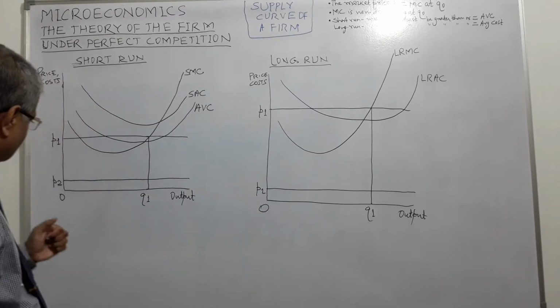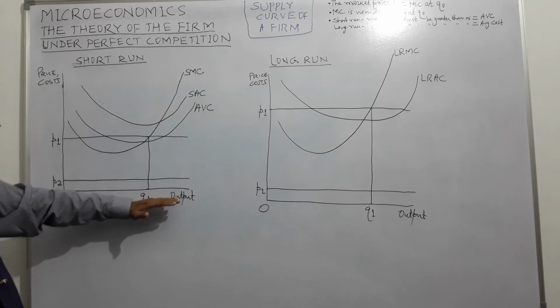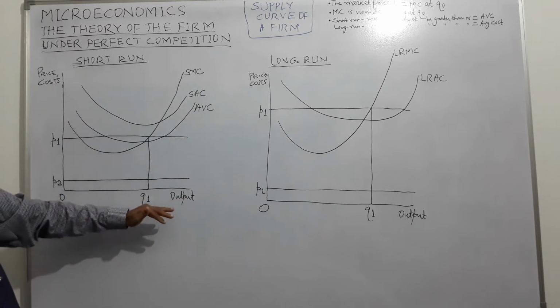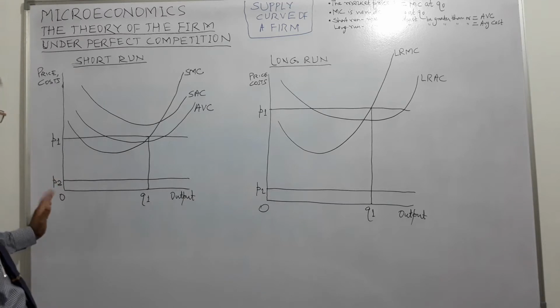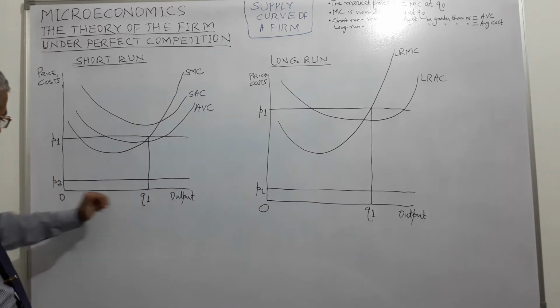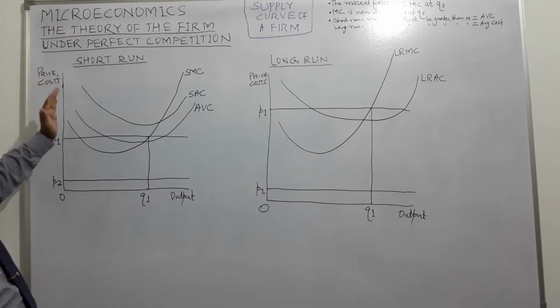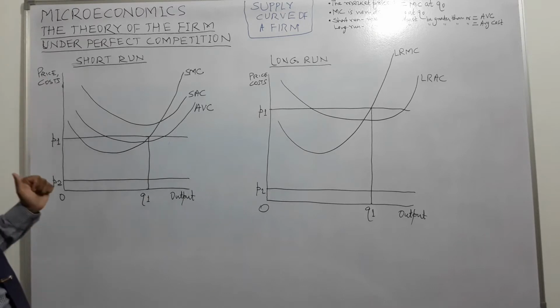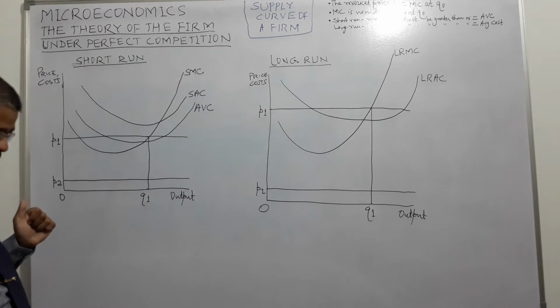So on the x-axis, horizontal axis, output is plotted, various combinations of outputs. On the y-axis, various combinations of price and costs are plotted. We go to the short run.